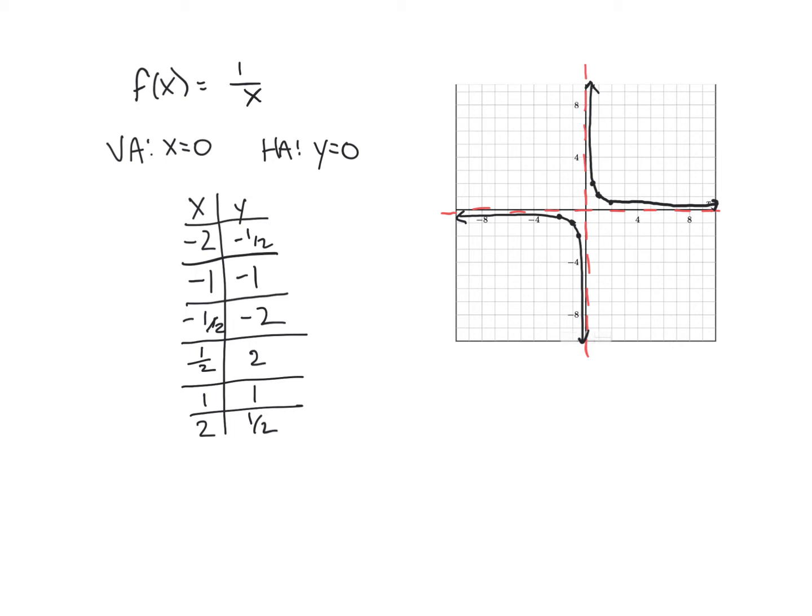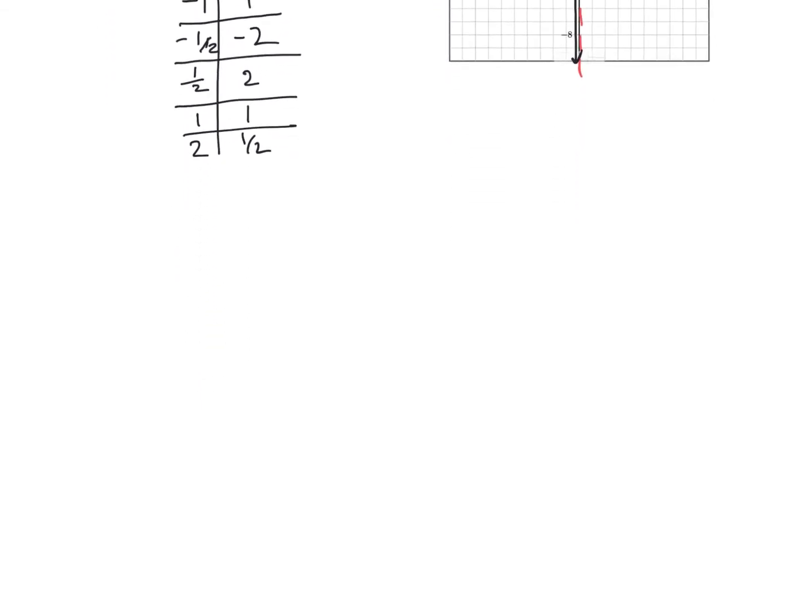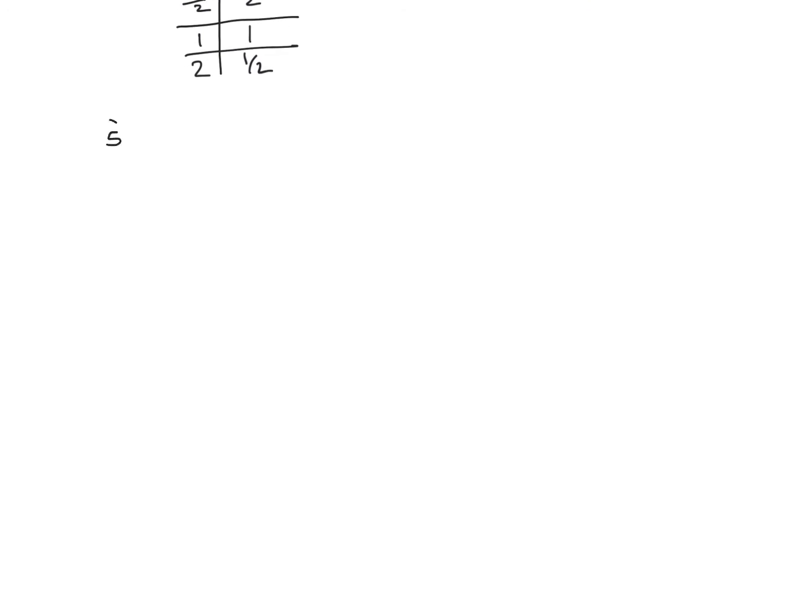Now we want to spend some time moving this up and down, side to side, reflecting, or stretching. So we're going to go back to the problems that we were using in our previous video, and I'm just going to write down some important information for us. For problem number 5, just a reminder that function was f of x is equal to -2 over x plus 3, minus 1.